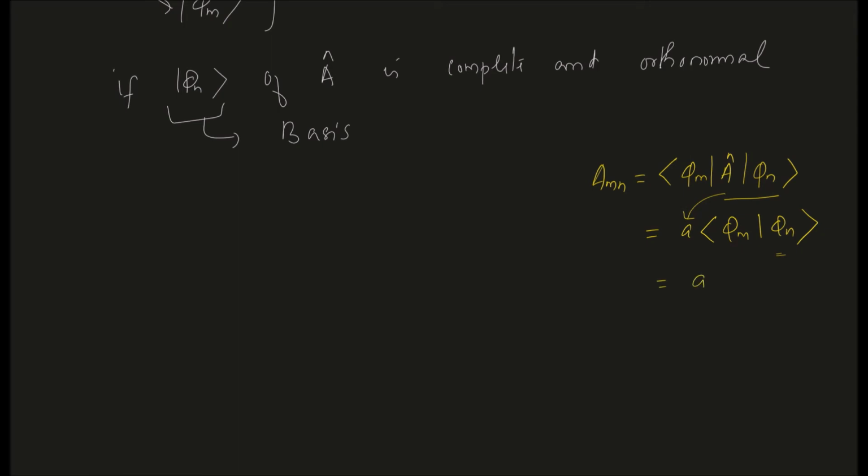So this is a_n delta_mn if it forms an orthonormal set of bases.